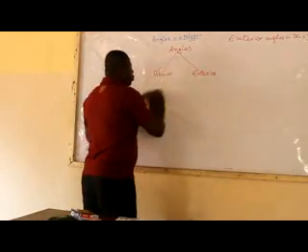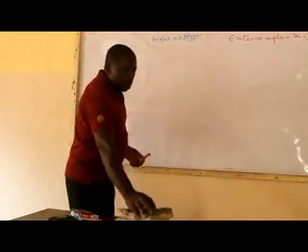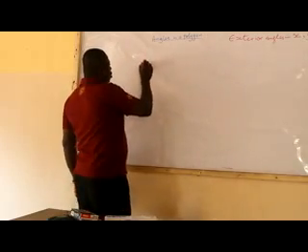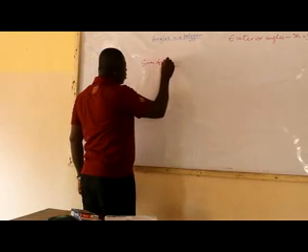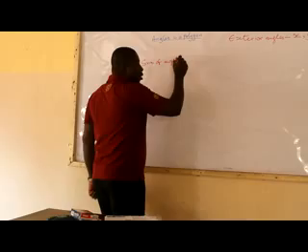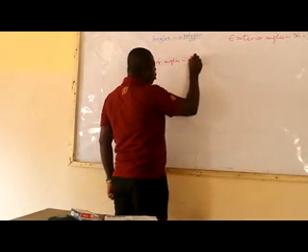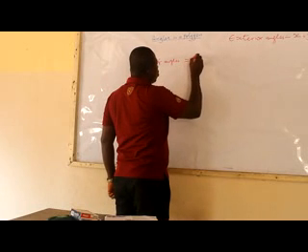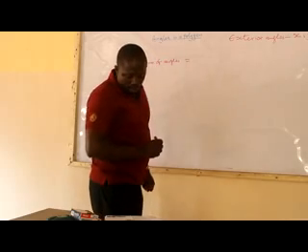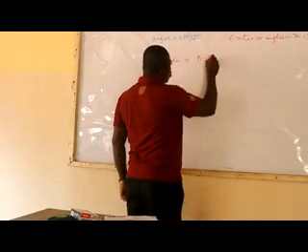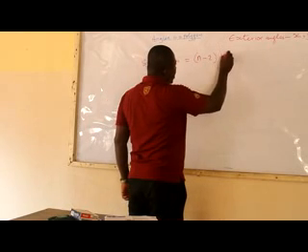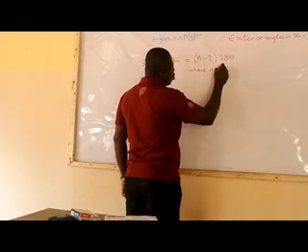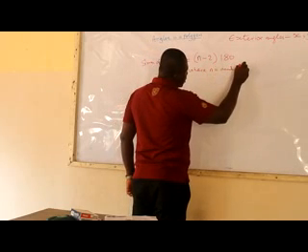The formula is: the sum of interior angles of a polygon is equal to n minus 2, multiplied by 180, where n is equal to the number of sides.